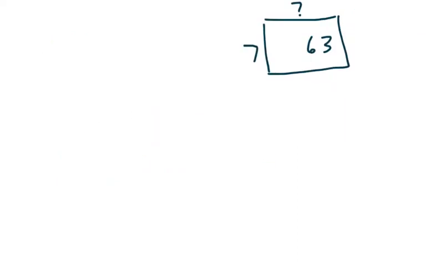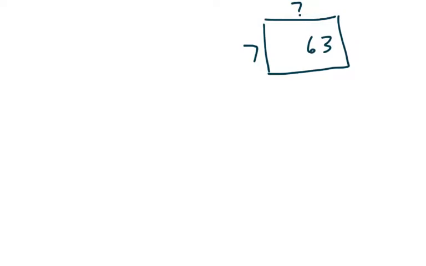Okay, we've also used this area model of 63 for division. Because here we have 7 times what is 63? Well, that's how we do division. So this model could also be used for division.